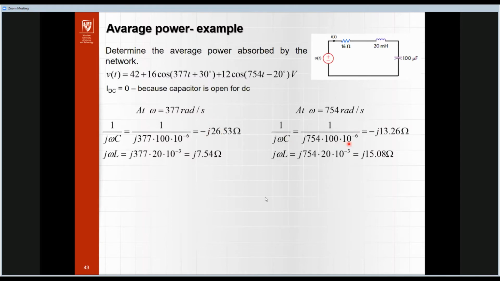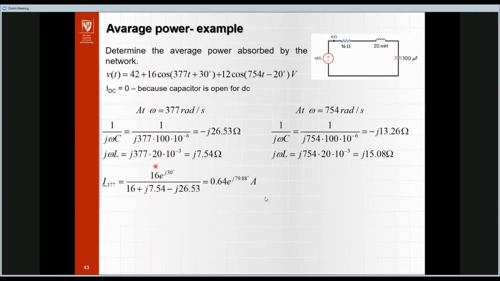Of course, when the frequency is decreased, the impedance of the capacitor is increased, and it is the opposite for the inductance. Okay, so we have these values. Of course, resistance is constant and insensitive to frequency. Now we can calculate the current connected with the first harmonic.